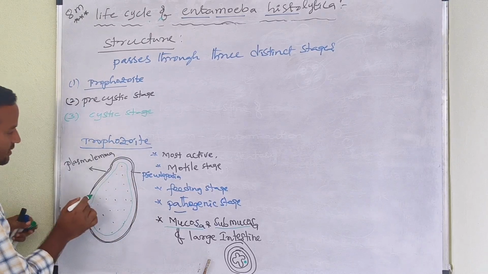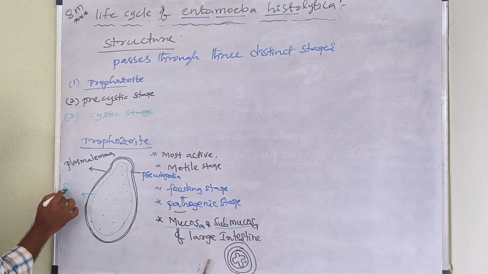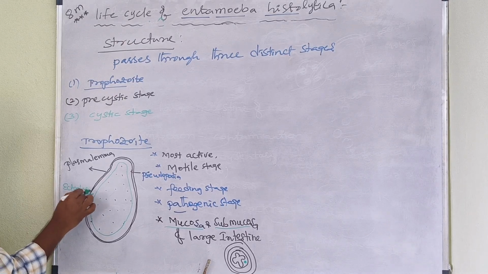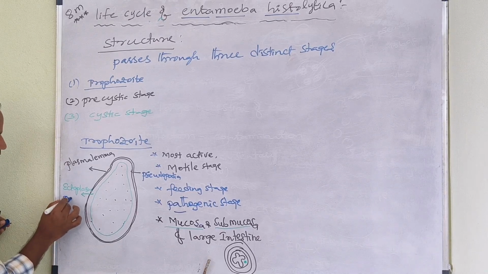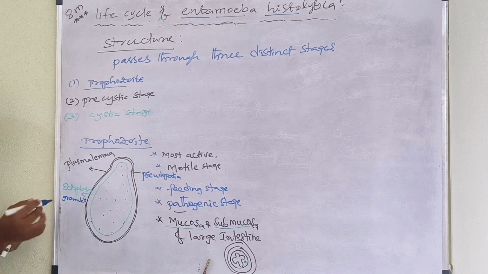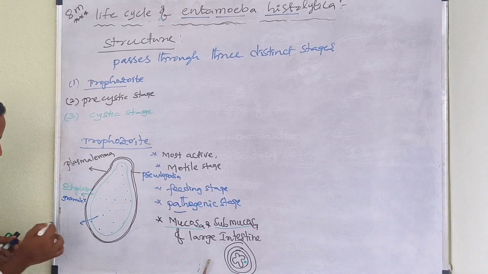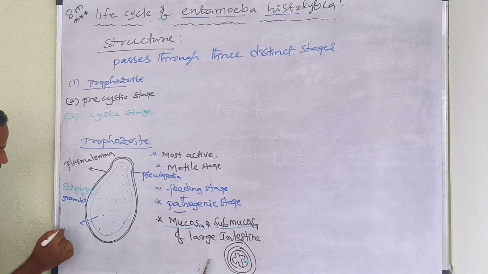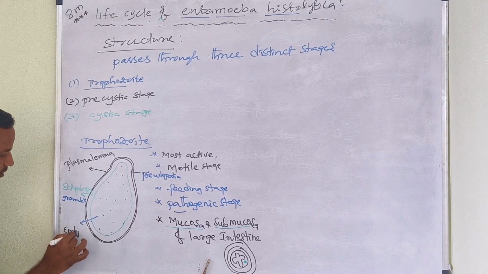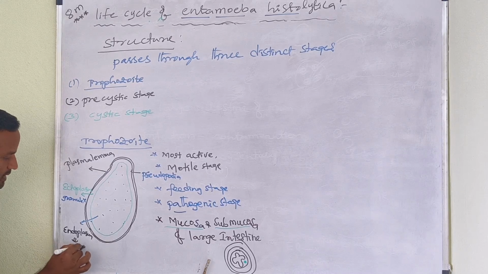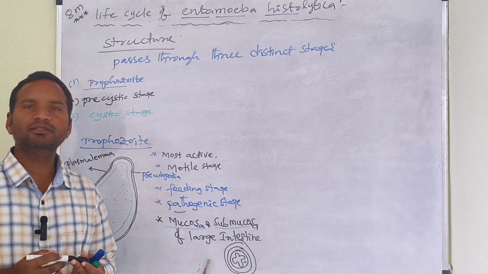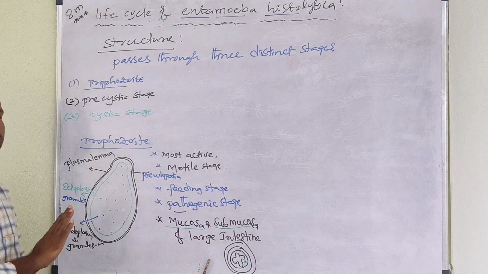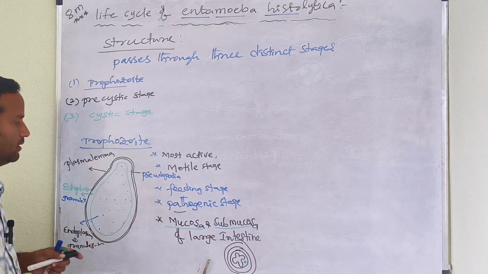The outer region is called ectoplasm, in which granules are absent. The inner cytoplasm is called endoplasm, in which granules are present. That's why the endoplasm is granular and the ectoplasm is non-granular. Got it?